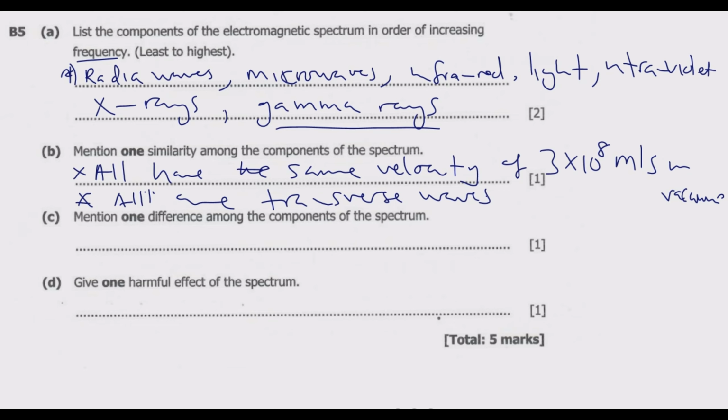Then number 4, you could say they can be emitted or absorbed by an object, all of them. Then number 5, you could also say they all obey the wave equation, which says velocity is a function of wavelength and frequency. In that case, you are good to go.